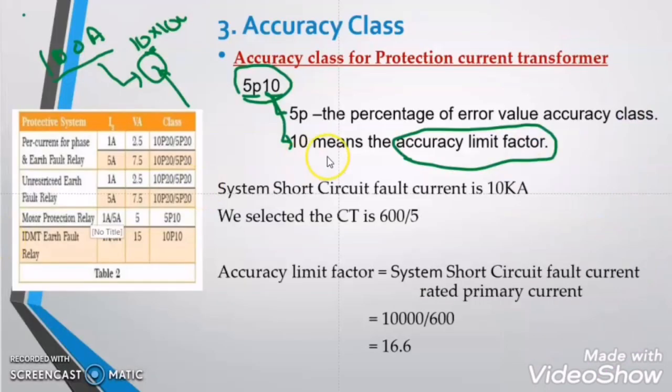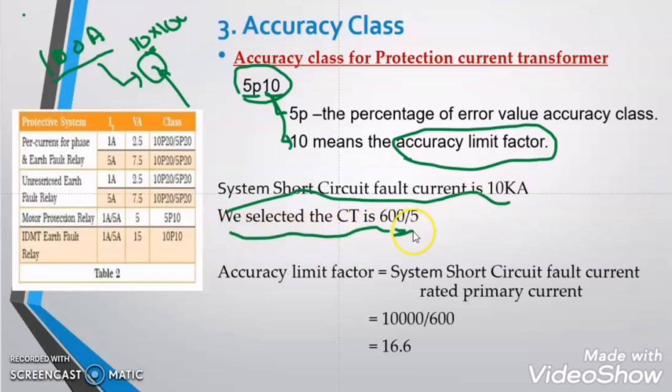So here I wrote system short circuit fault current is 10 kilo ampere and we selected the CT as 600 by 5. The accuracy limit factor is system short circuit fault current divided by rated primary current. What is the system short circuit fault current?